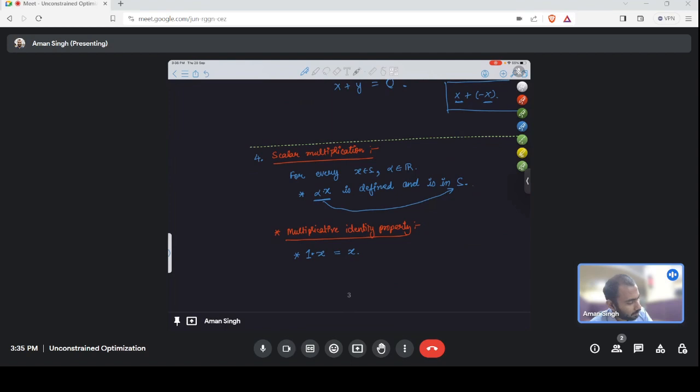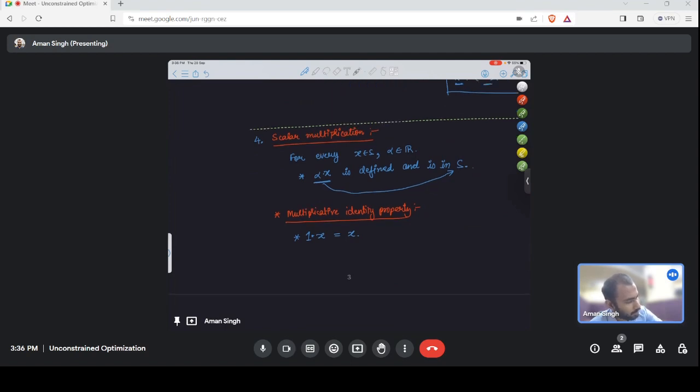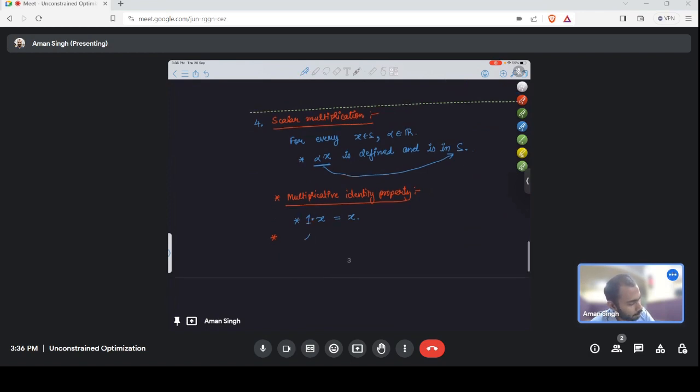And then there are several other properties that your scalar multiplication should satisfy. The first is alpha times x plus y. This should follow, and also alpha plus beta times x equals alpha dot x plus beta dot x. So distributive property.